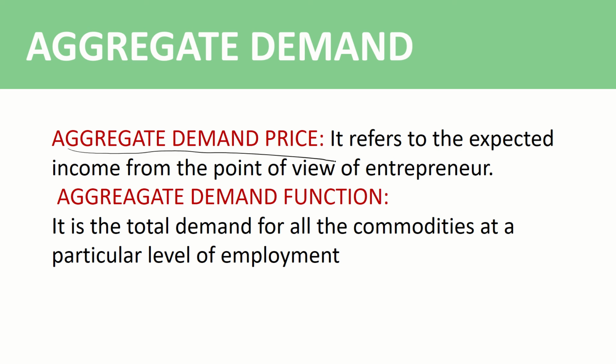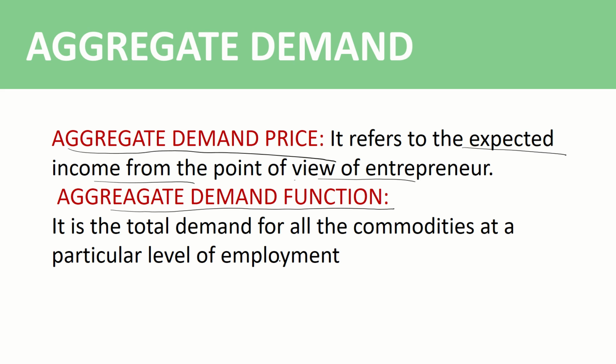Aggregate demand price refers to the expected income from the point of view of the entrepreneur. That means it is the expected income that he must receive from the sale of output. An increase in effective demand leads to an increase in the level of employment. Then what is the aggregate demand function?